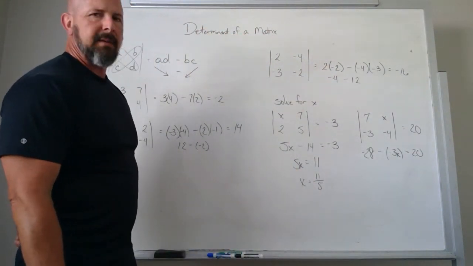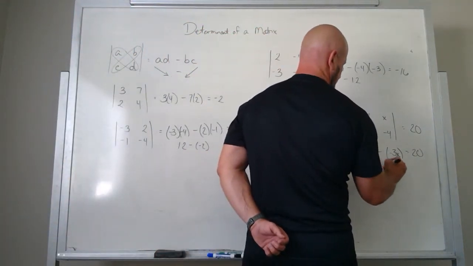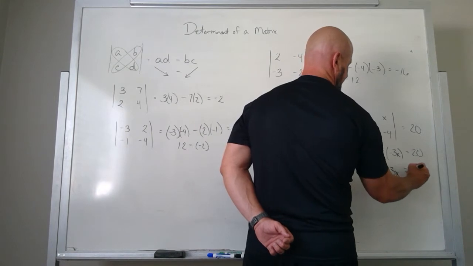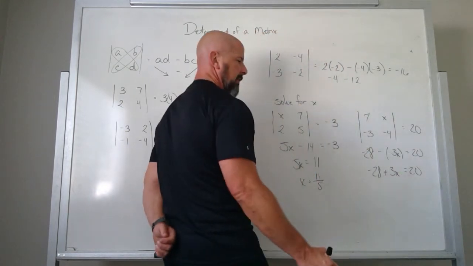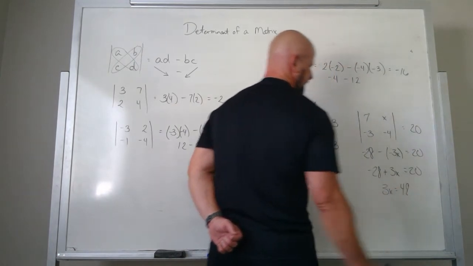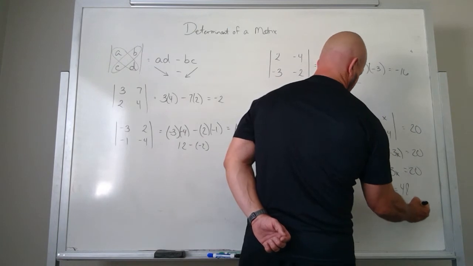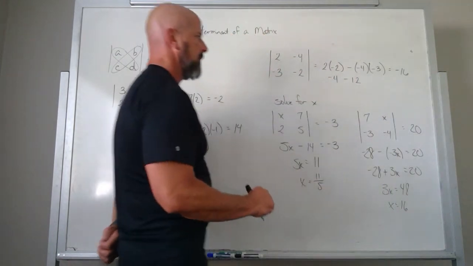So now I'd have -28 plus 3x, minus a negative, and then I'm ready to finish out the solving. 3x would be 48. I'm going to send that 28 to the other side. X would then be 16 for my value at x.